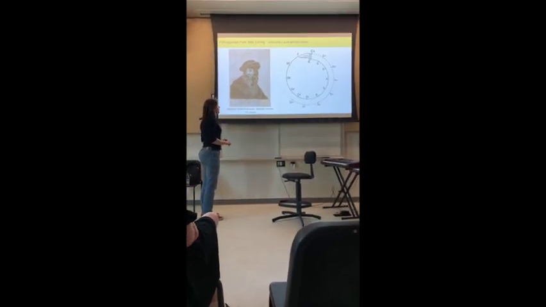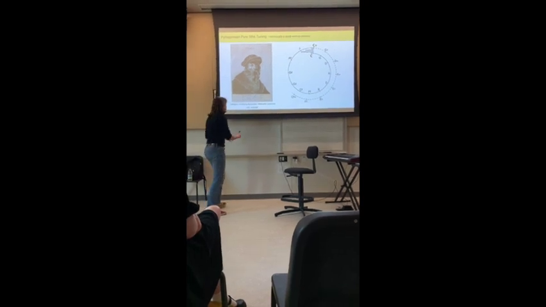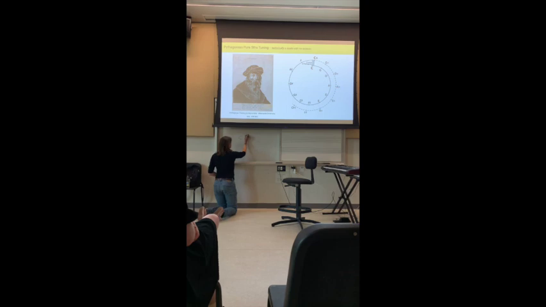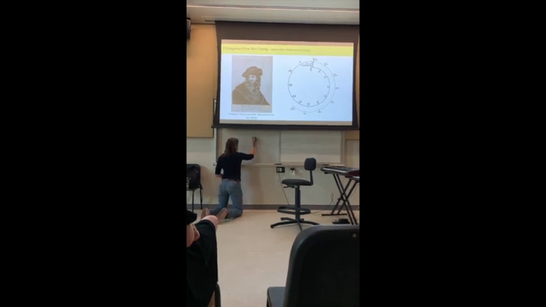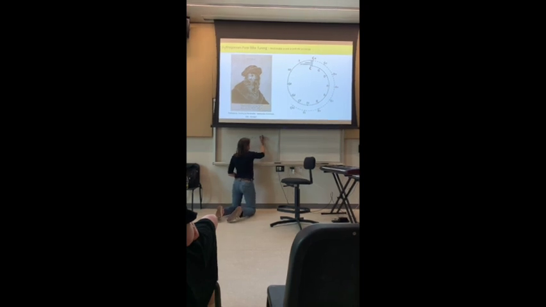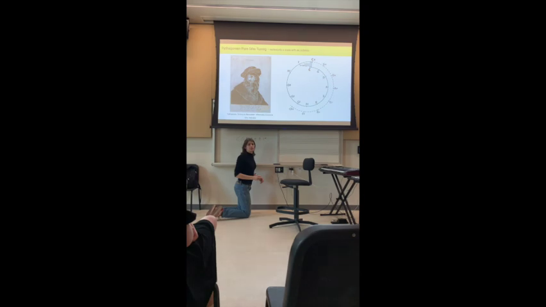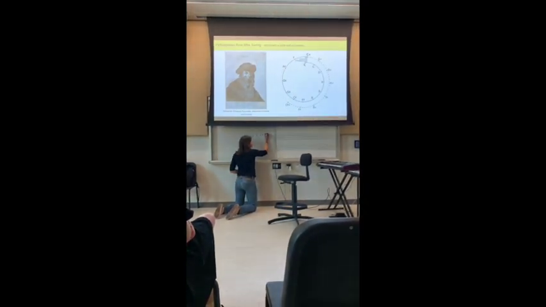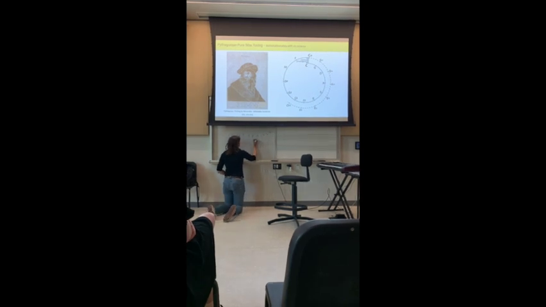So if we want to make a tuning system with Pythagoras, we're going to start at C and go up in fifths: G, D, A, E, B, F sharp, C sharp. I got this.